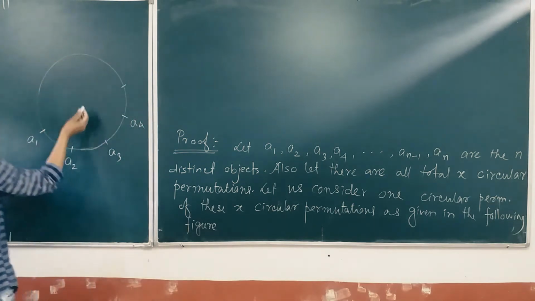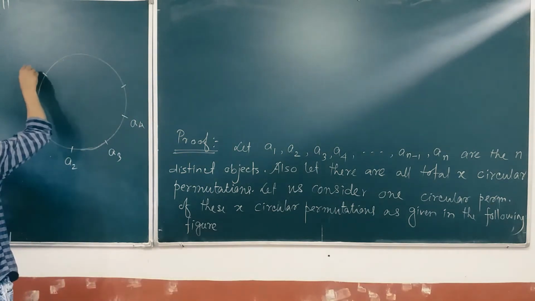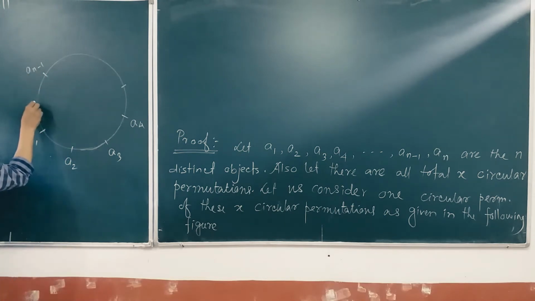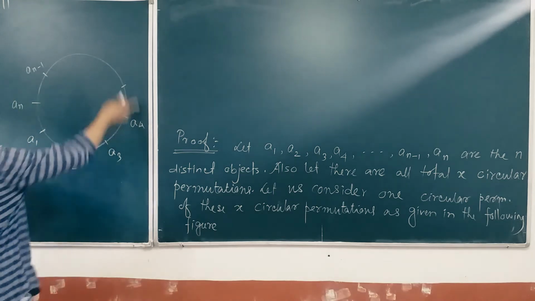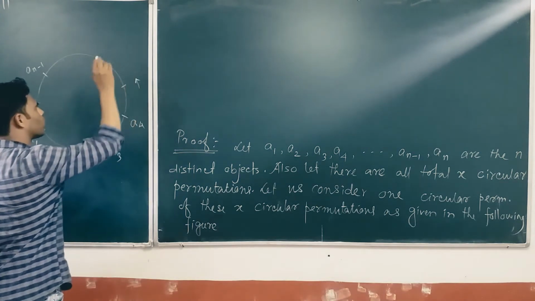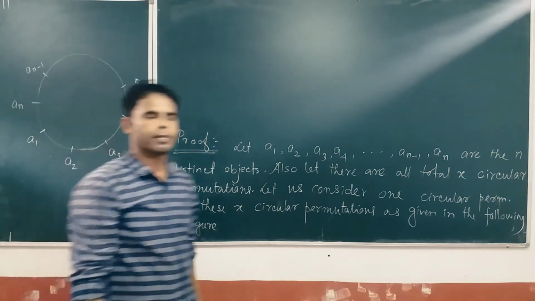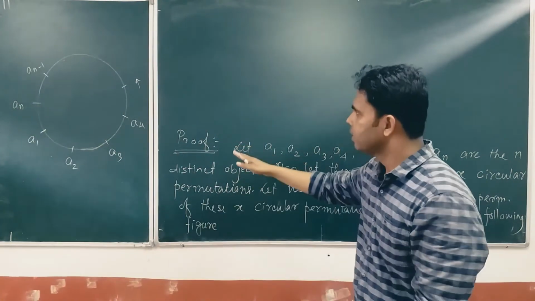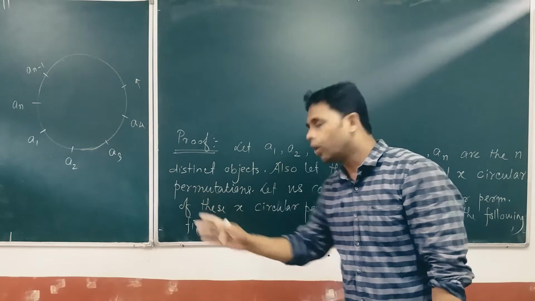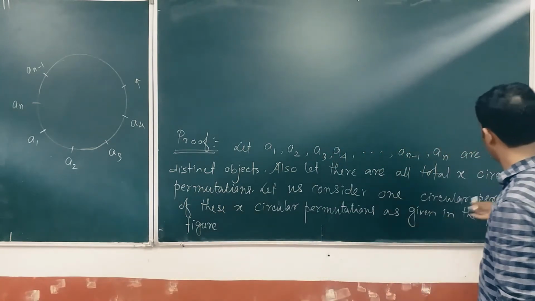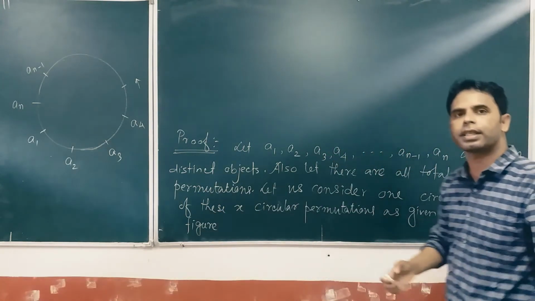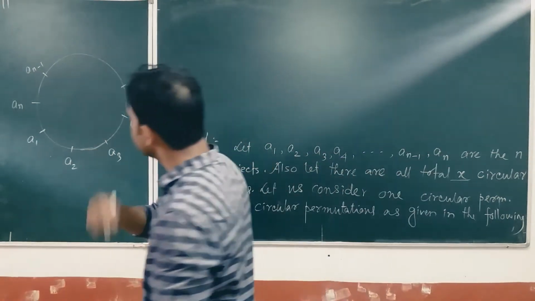Finally you will get the n minus 1 object and the last object will be an. So let us consider this permutation, anti clockwise. This is one of the circular permutations of these x circular permutations.